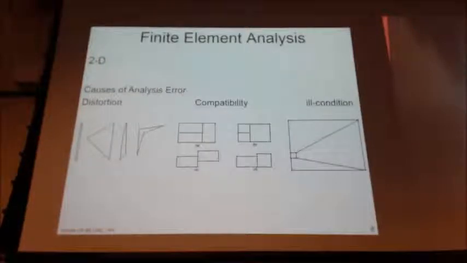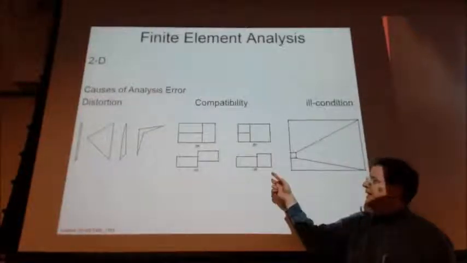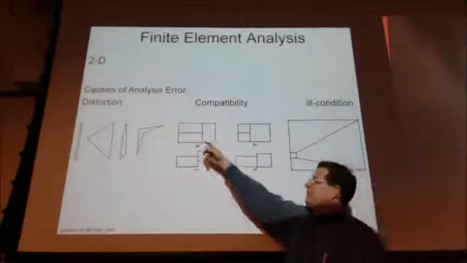When we're looking for errors or things that might cause us error, if we have elements that are grossly distorted, then we're not going to get good transformation numbers. Compatibility: all of these are not compatible, right?